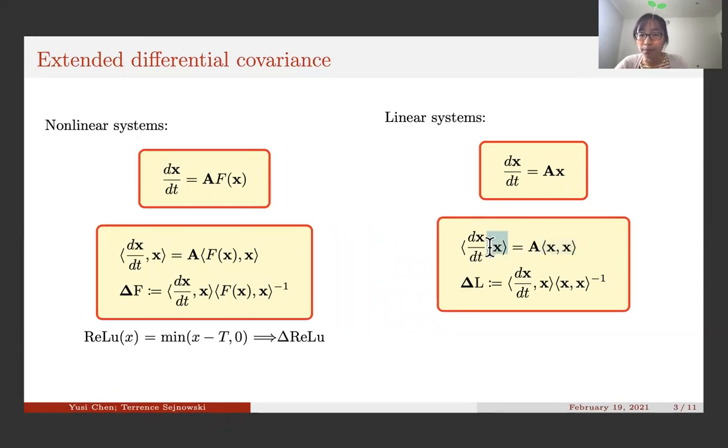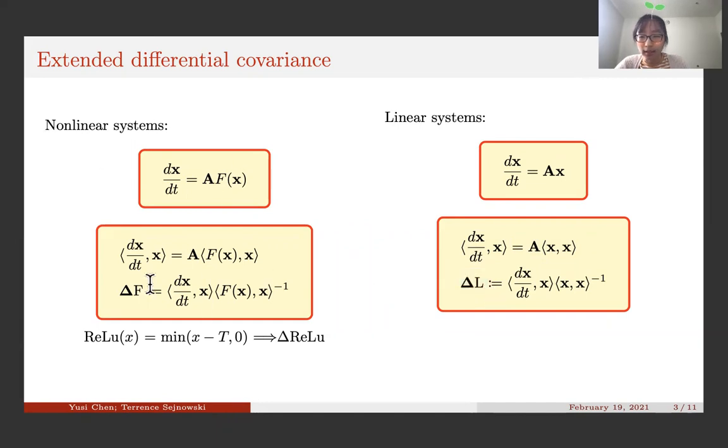The outer product of the derivative signal with the original signal was termed differential covariance in our previous work. To obtain an estimate of the connectivity matrix A, we simply multiply by the inverse of the covariance matrix. In this way, we obtain a linear estimator of A, which I termed delta L.